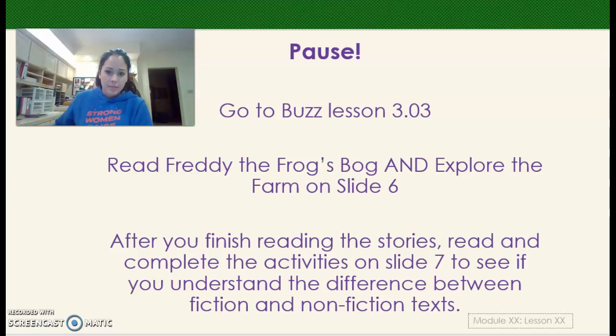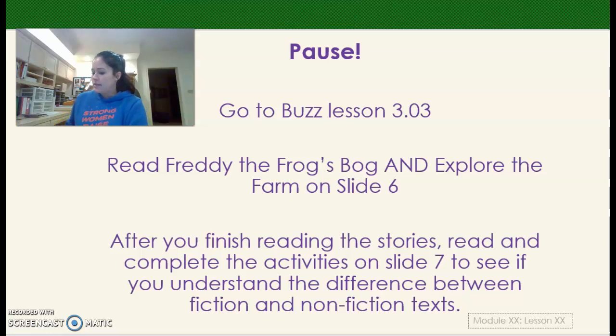Okay, so for the last part of today's lesson, you are going to do a little bit of reading. And this is in your Buzz lesson. We have two stories you're going to look at today. After you finish watching this video, you're going to open up your Buzz and go to slide 6 and read Freddy the Frog's Bog and the Farm.